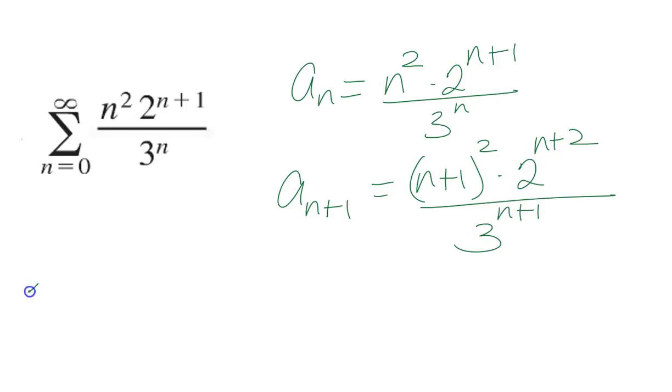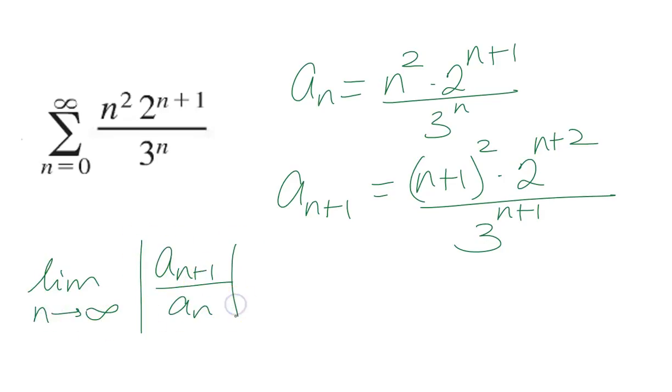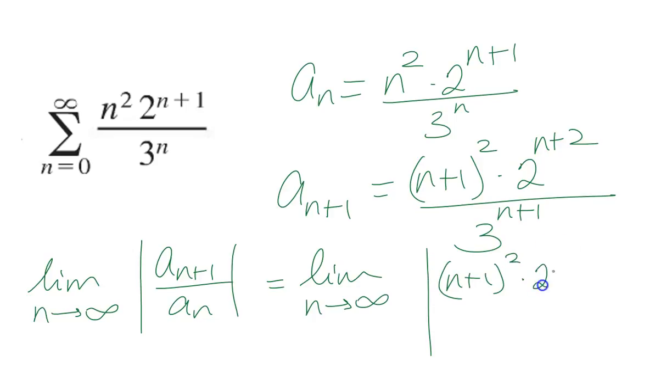Okay, get ready to find the limit as n goes to infinity of the absolute value of a_(n+1) over a_n. That is the limit as n goes to infinity of, what are we going to have? Put your a_(n+1) first. You are dividing by a_n, guys. Be sure to flip the fraction and multiply.